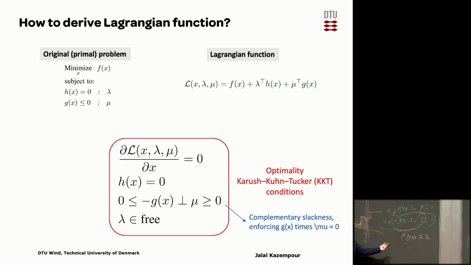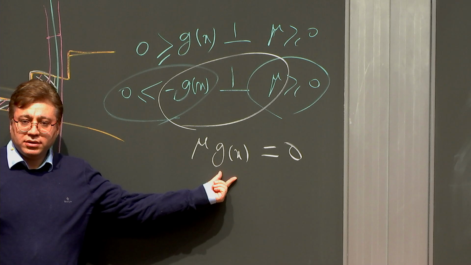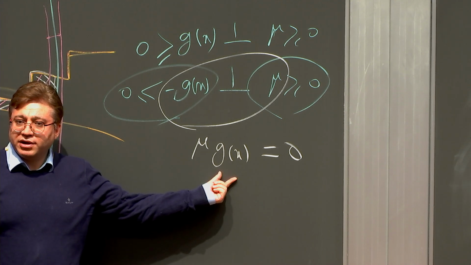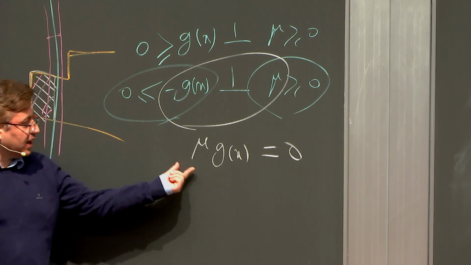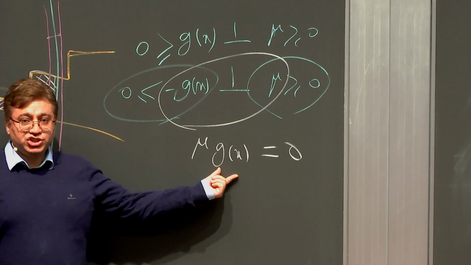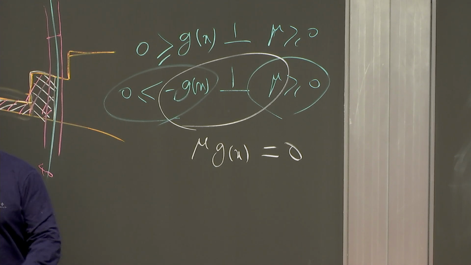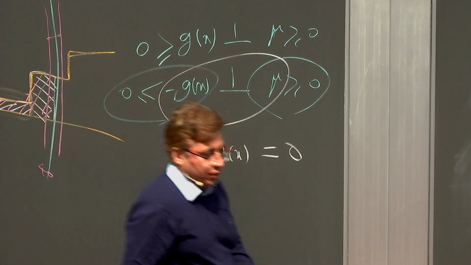It enforces that the dual variable times the primal variable function j of x is equal to 0. It means that either mu is equal to 0, or j of x is equal to 0, or both of them are 0. Clear? Good.